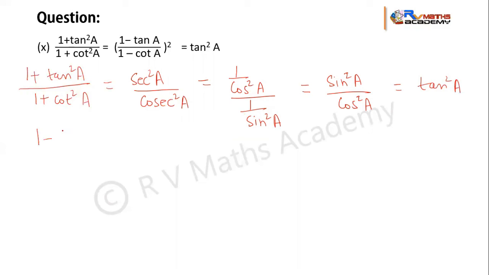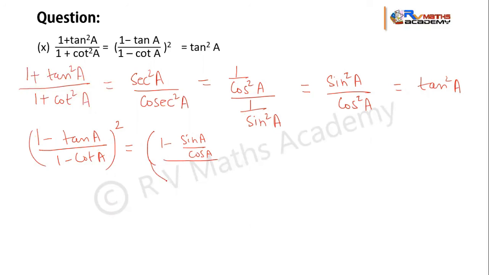Now if we see 1 minus tan A upon 1 minus cot A, and the square is there. We don't have any identity on tan A or cot A, so at that time what we have to do is just convert them into sine and cos first. So 1 minus sine A upon cos A, upon 1 minus cos A upon sine A, because cot A is cos A upon sine A, and whole square.